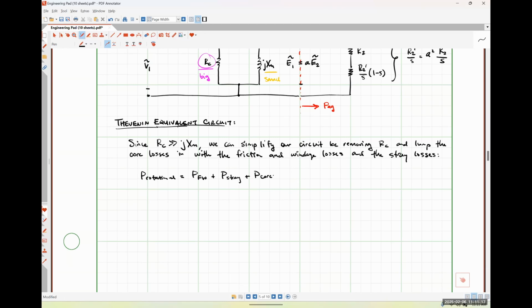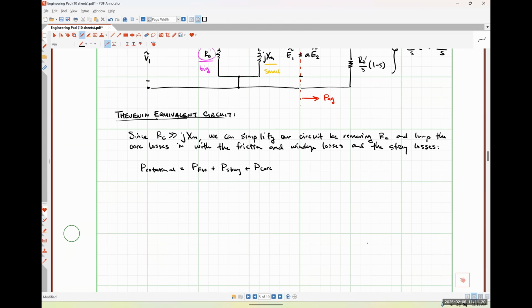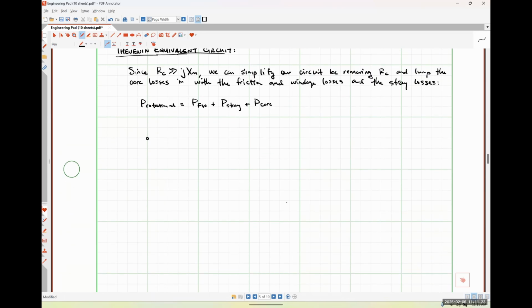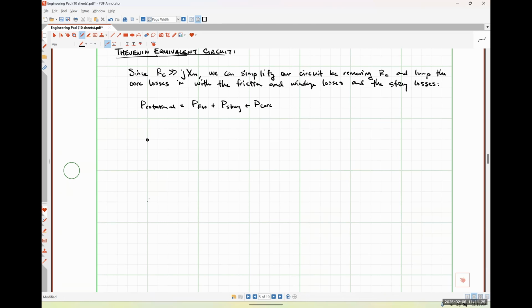This lets us get rid of that RC. So now I'm going to redraw this equivalent circuit with what we have left. And this guy has a special name. It is not dumb, Zach. Friction and windage losses. So here's R1, JX1. Now our shunt branch is literally just, sorry, that should be a coil or an inductance.